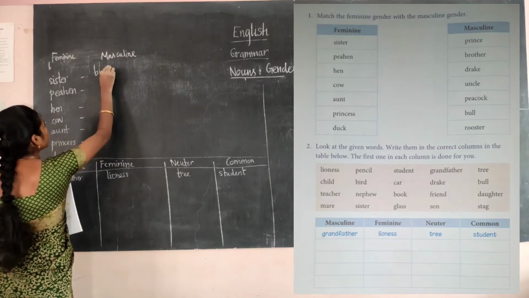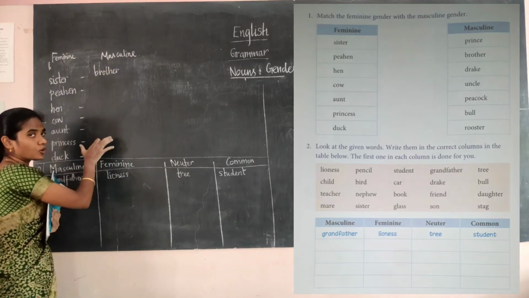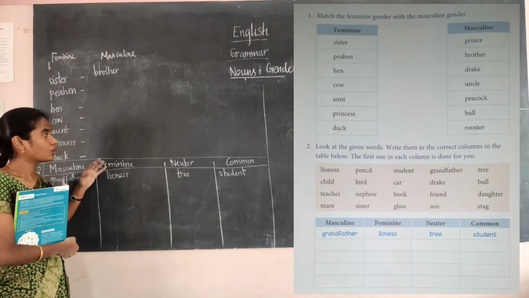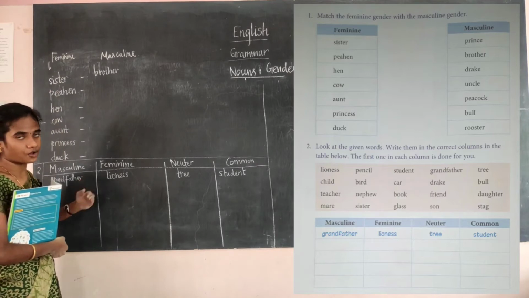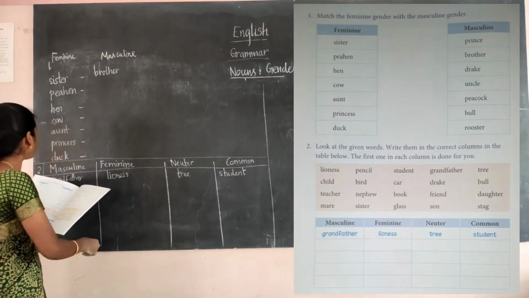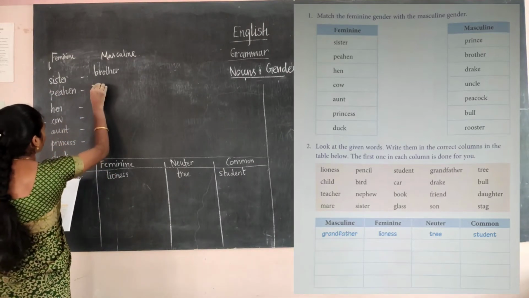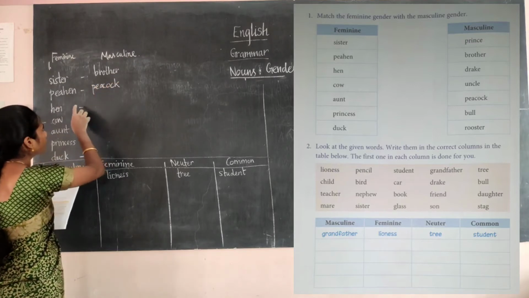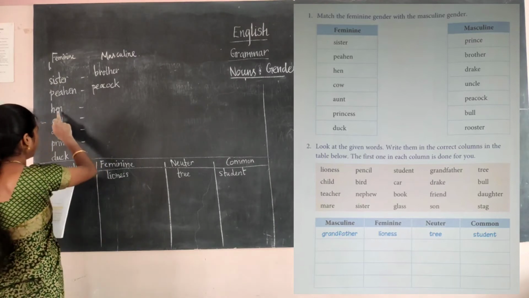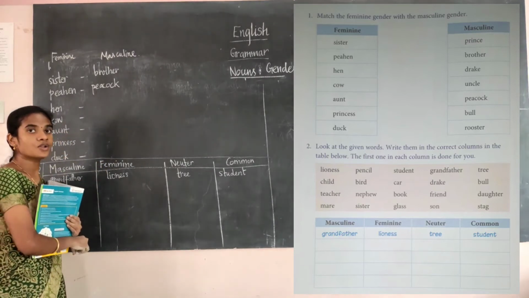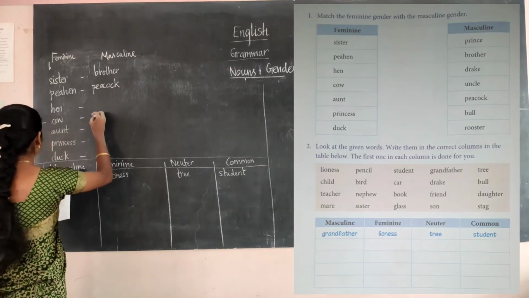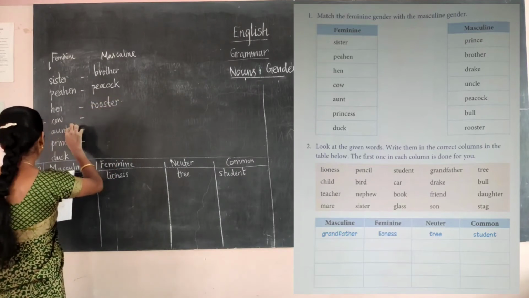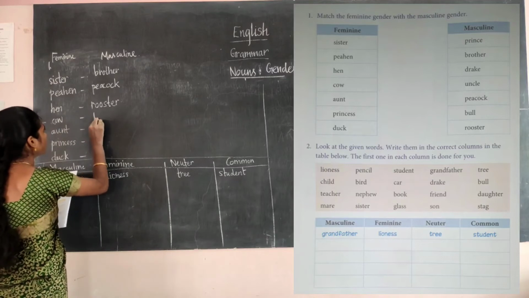Now match it like this. You have to write it in your notebook. Students, you can copy down the notes in your notebook. Write the match the following like this. Sister, brother, peahen, peacock. The male chicken is known as the rooster. Cow means bull, B-U-L-L.